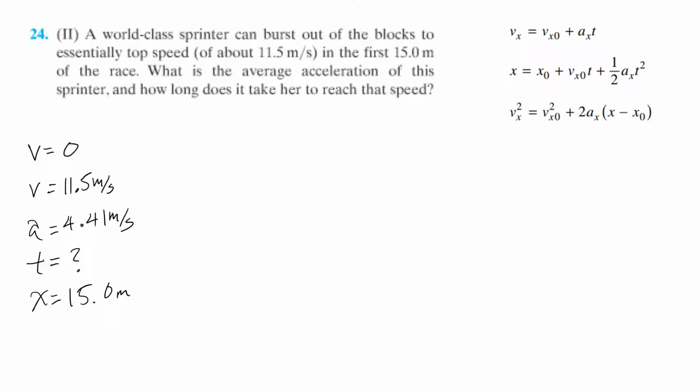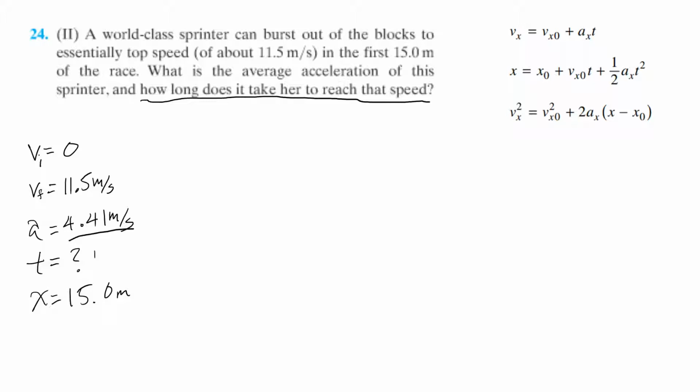So we just found out what A was. Sorry for the drastic change in the slide, but in the last slide, we just figured out that A is 4.41 meters per second squared. That's great. We have our initial velocity still and our final velocity still and our delta x. The last part of this question wants to know how long it takes for this sprinter to reach that speed.